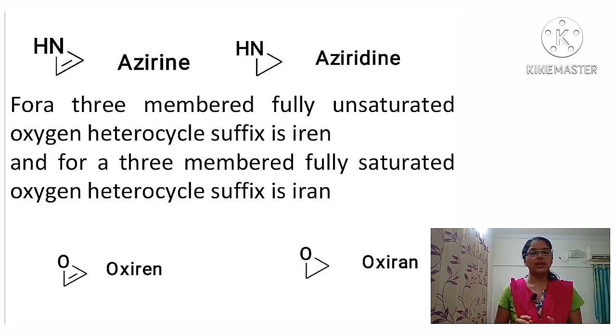And the 3-membered saturated oxygen monoheterocycle is named oxirane, that is, ox for the oxygen as the prefix and irane as the suffix for the ring.